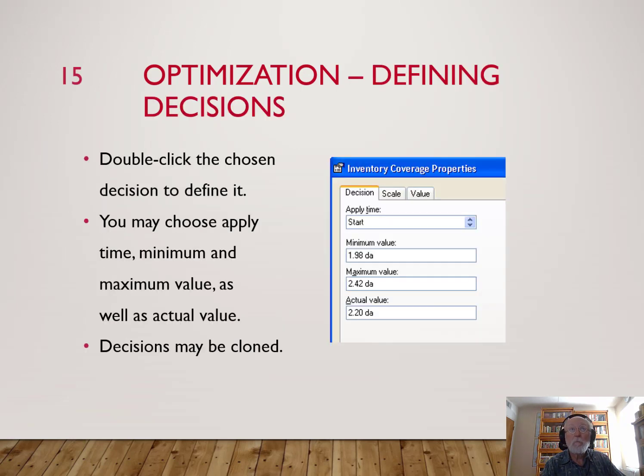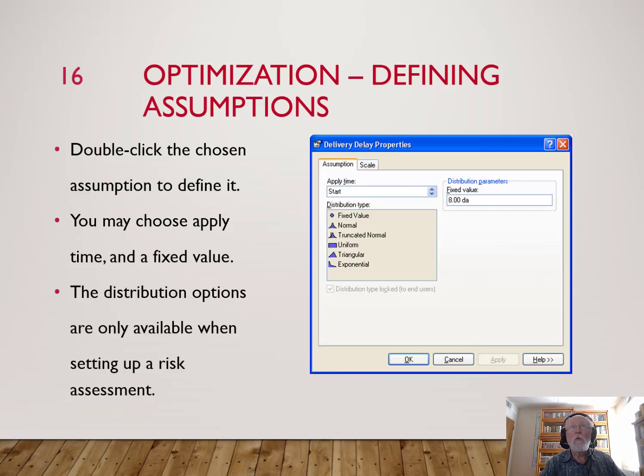Okay? So, you can double click the chosen decision to define it. You can choose the apply time, the minimum, the maximum, and you can also clone those decisions as you could clone earlier.